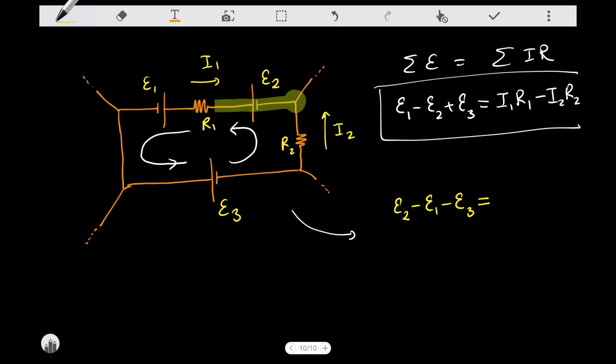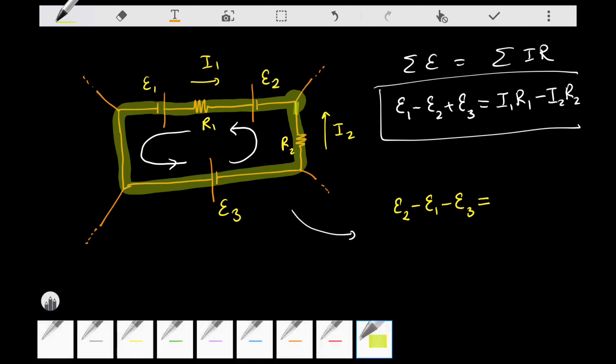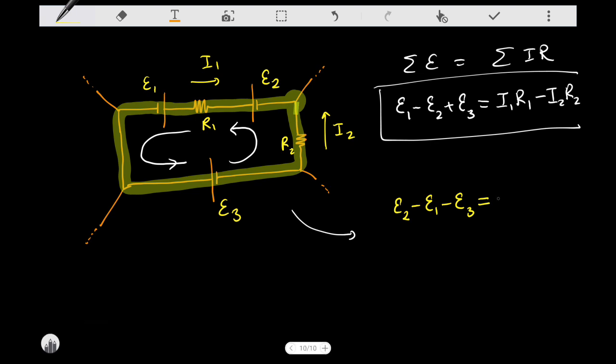And then when I'm passing over R1, I'm passing opposite to I1, the current. So therefore, this is minus I1 R1. And I'm moving in the same direction over R2 with the current. So therefore, this is plus I2 R2. So let's also write this thing down with yellow. Minus I1 R1 plus I2 R2.